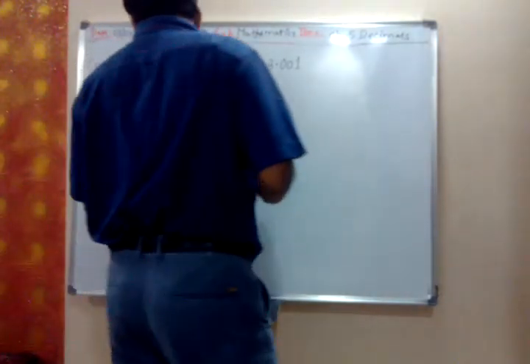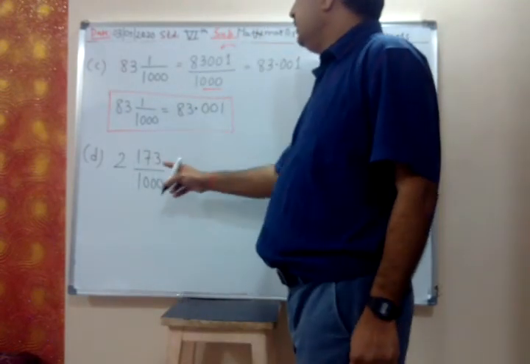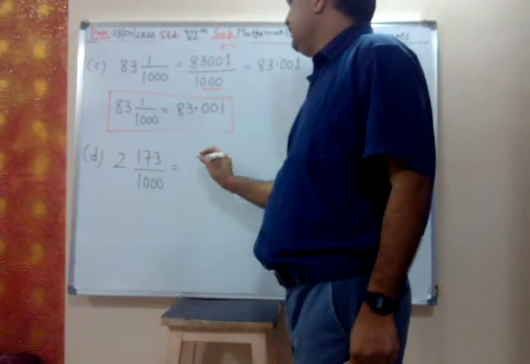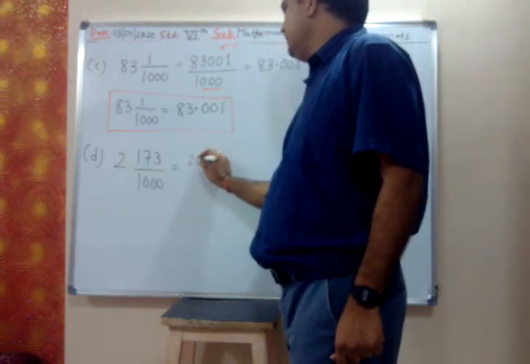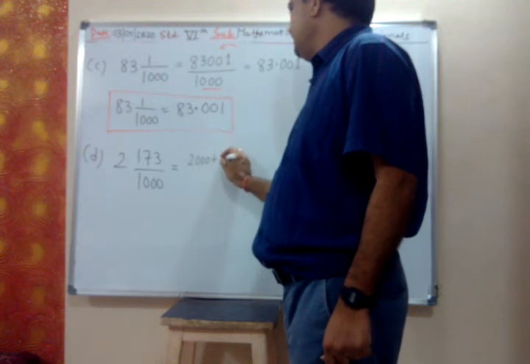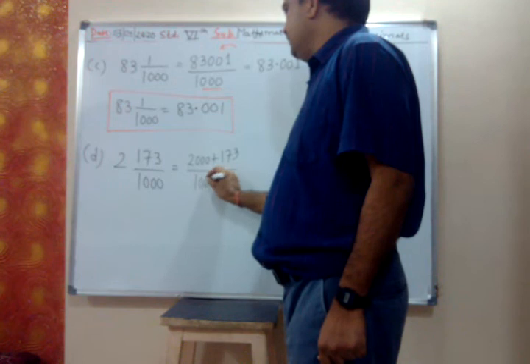How? So 1000 into 2, 2000 plus 173 upon 1000.